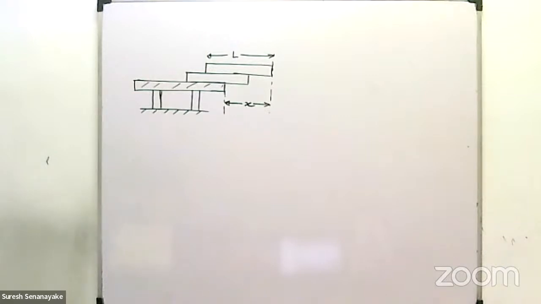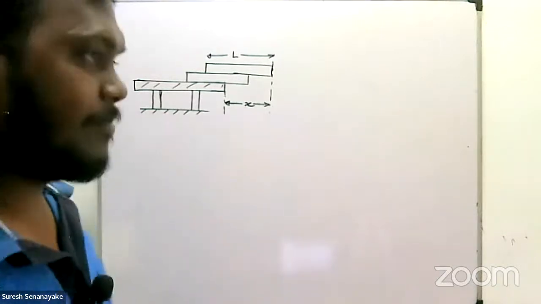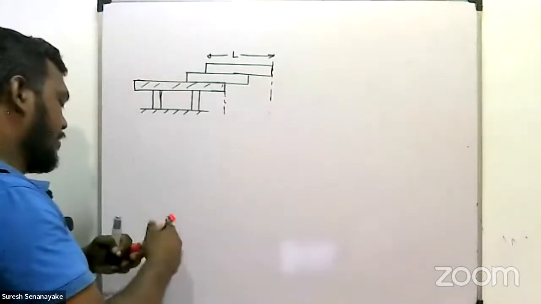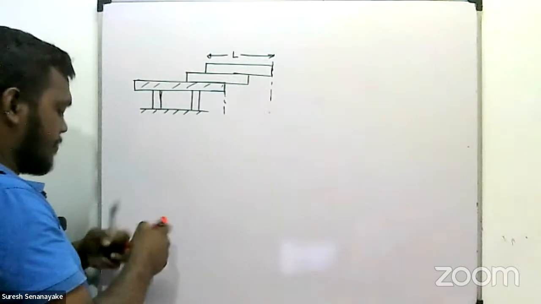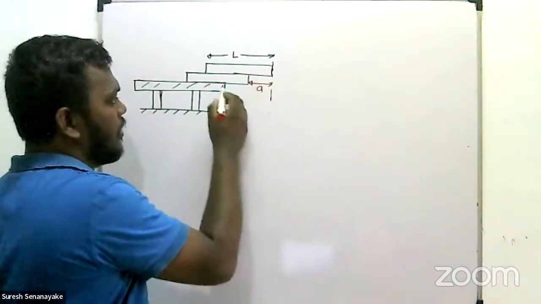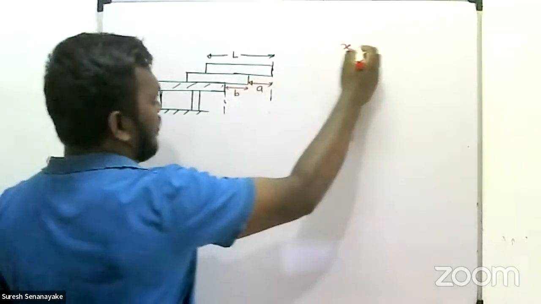Okay, let's see now. How can we do this? We need to find x, right? I'll take this length as A and this length as B, then A plus B is x.